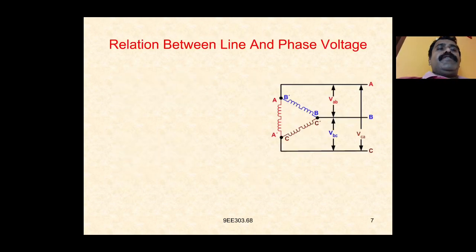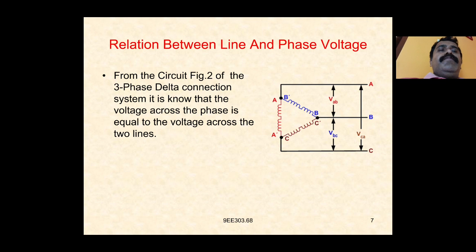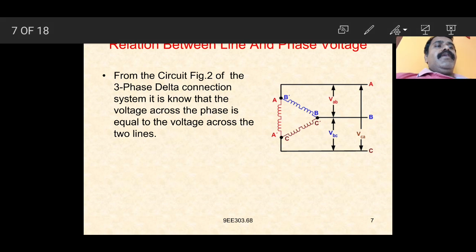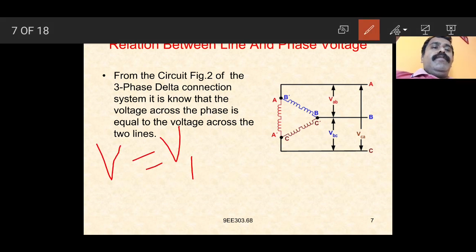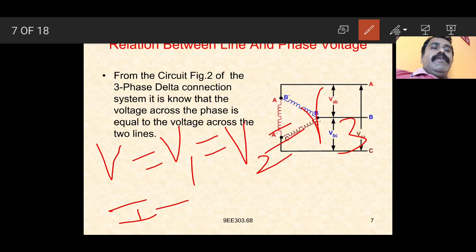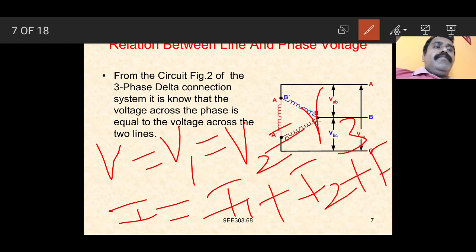Relation between line and phase voltages. From the circuit diagram of the three-phase delta connection, the voltage across the phase is equal to the voltage across the two lines. In a parallel connection, voltage remains the same, so V equals V1 equals V2 equals V3. The current is divided, that is I equals I1 plus I2 plus I3.